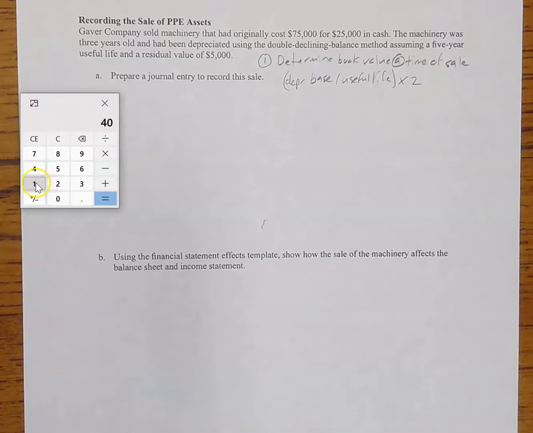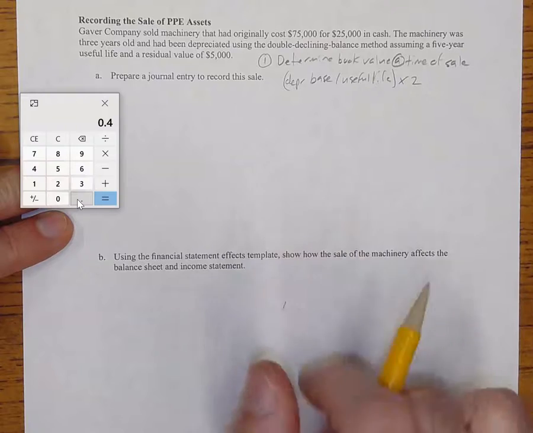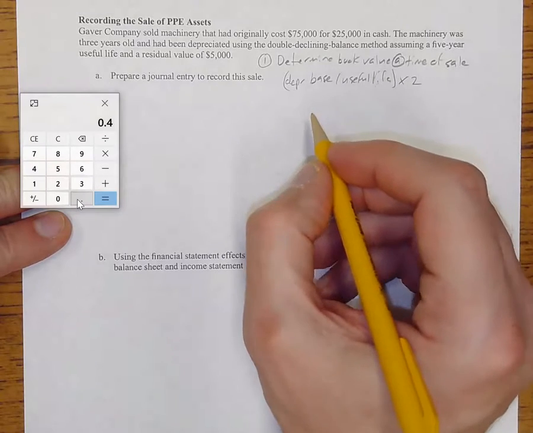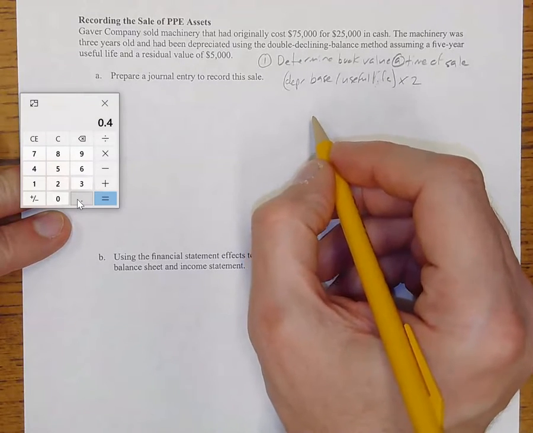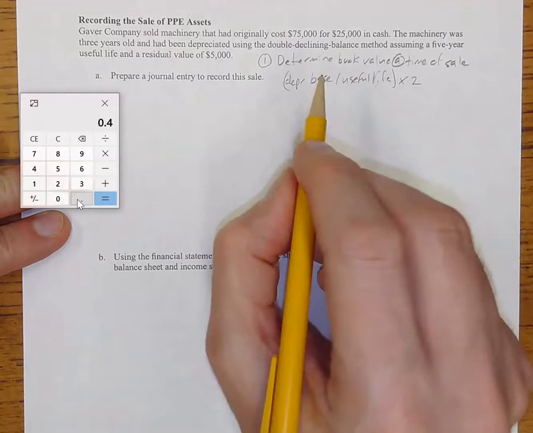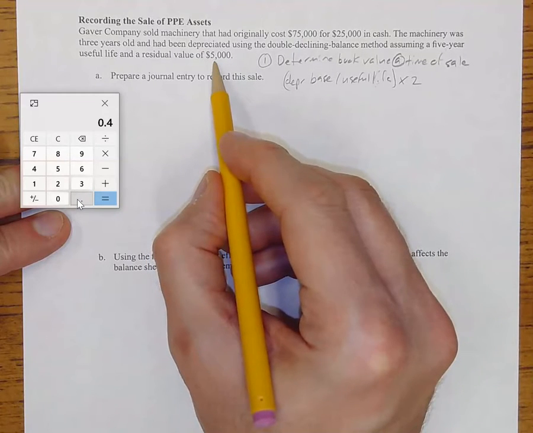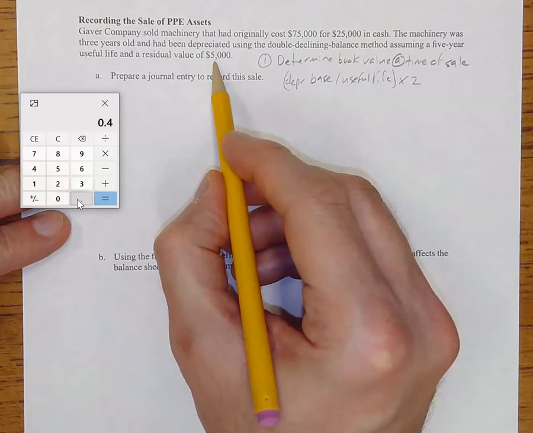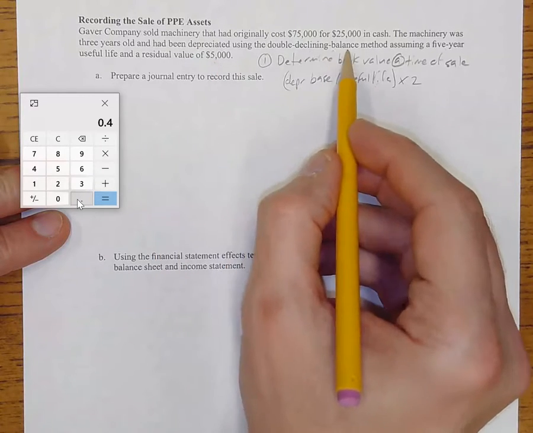So I wouldn't normally do that, but I'm doing it here because we have to do this a few times. By the way, they mentioned that the residual value of the machinery is $5,000. We don't have to worry with that because we're using the double declining balance method.